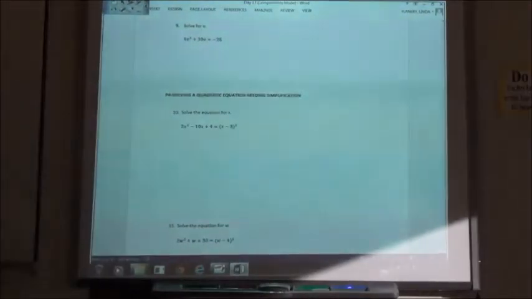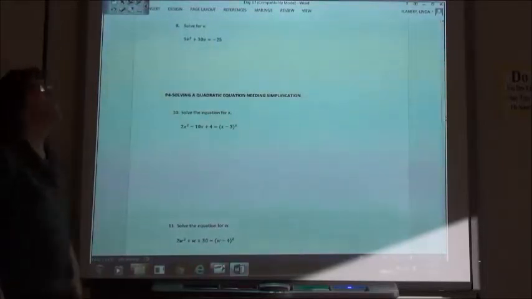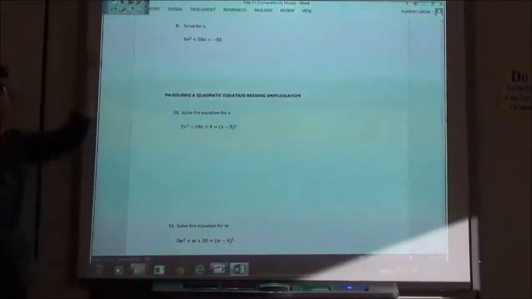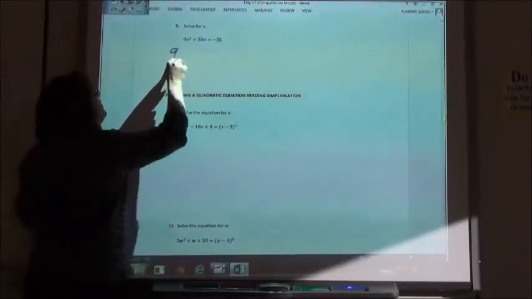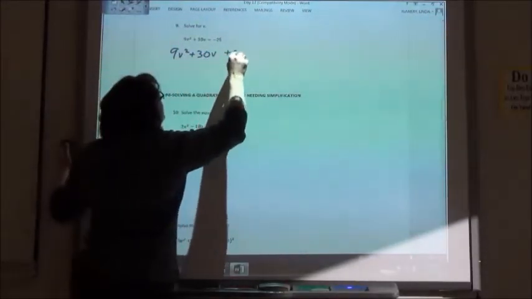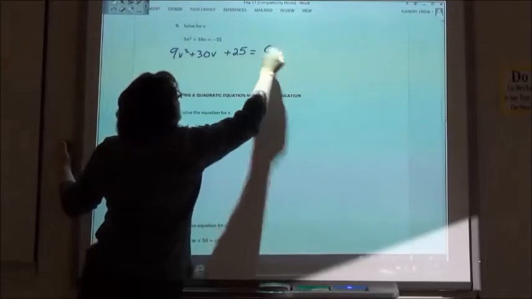So number 9, look at number 9 now. We have 9b squared plus 30b equals negative 25. What's the first thing we want to do? You want to move your 25. Move our 25 over. So 9b squared plus 30b plus 25 is going to equal 0, right?